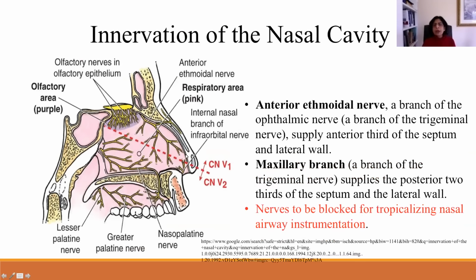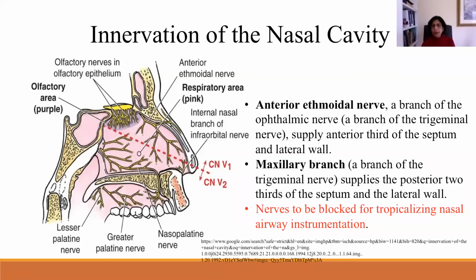So here you're looking at two branches, the anterior ethmoidal nerve and the maxillary branch. Okay, one of them is a branch of the ophthalmic nerve. Note that the trigeminal nerve gets its name from three branches, right? Three daughters, literally what it means. The three branches are ophthalmic, maxillary, and mandibular.